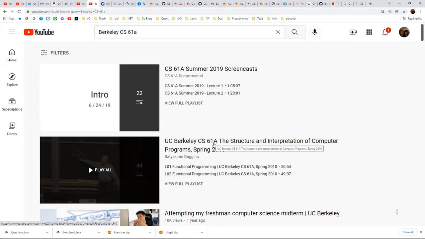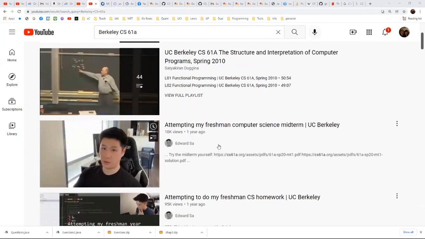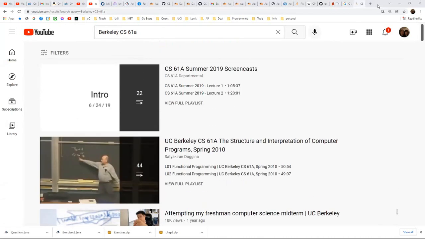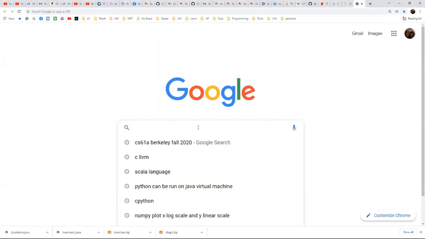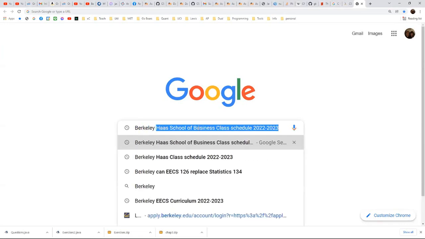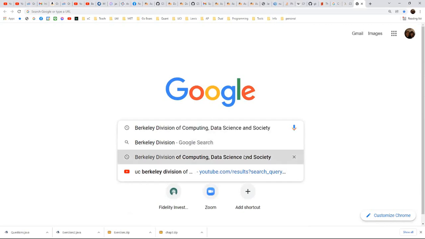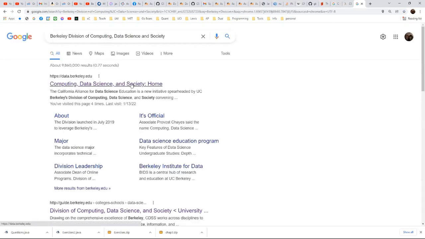But it's a very important course. They look at this as their fundamental course to teach people for AI. And what's good about Berkeley is that it has a new division of computing, data science, and society.